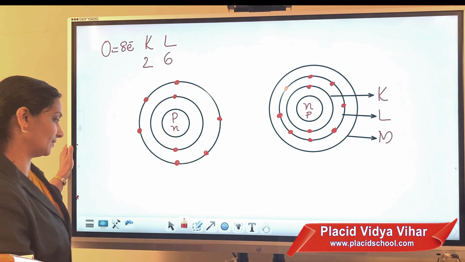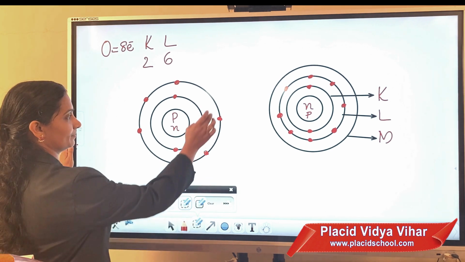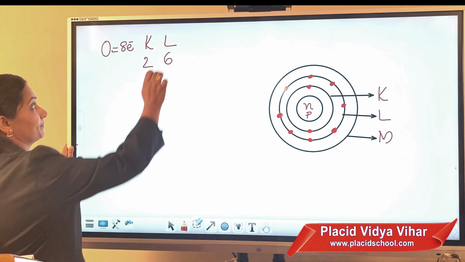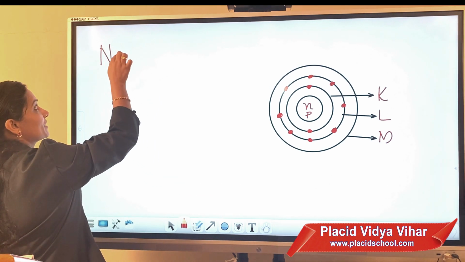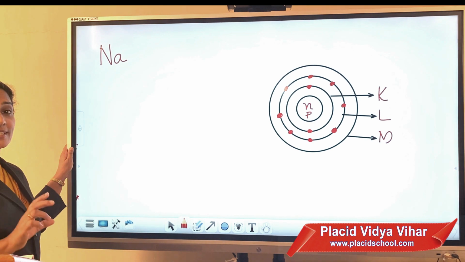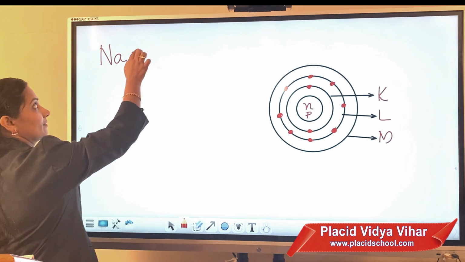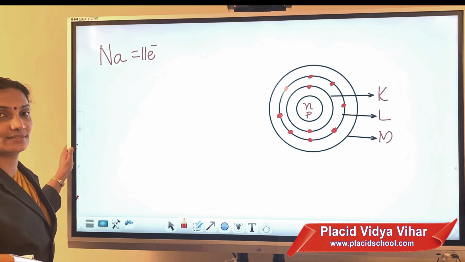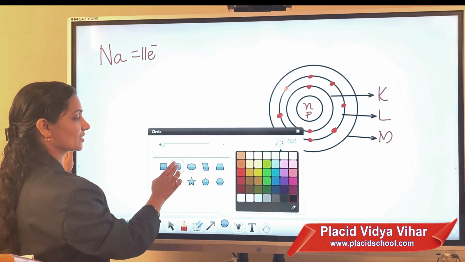Consider another example. We can consider the example of sodium. Do you know how many electrons are present in sodium? It is 11. Let's draw the atomic structure of sodium.